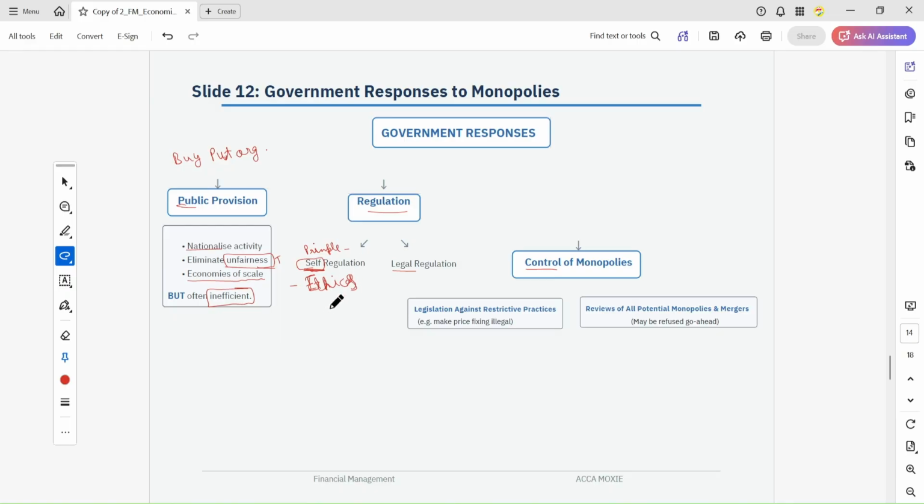Companies also believe in self-regulation. Some companies make policies like the fair treatment of employees and fair treatment of the environment. These are the policies of the companies as well.